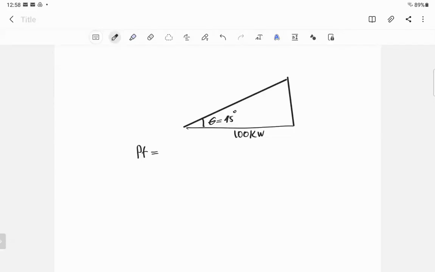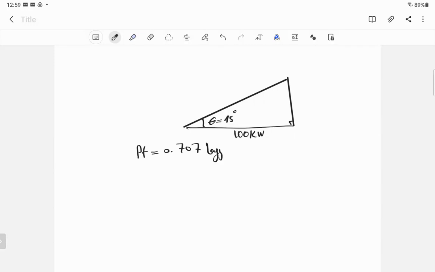So in this case, the power factor will be cosine 45 degrees, that's equal to 0.707 lag.